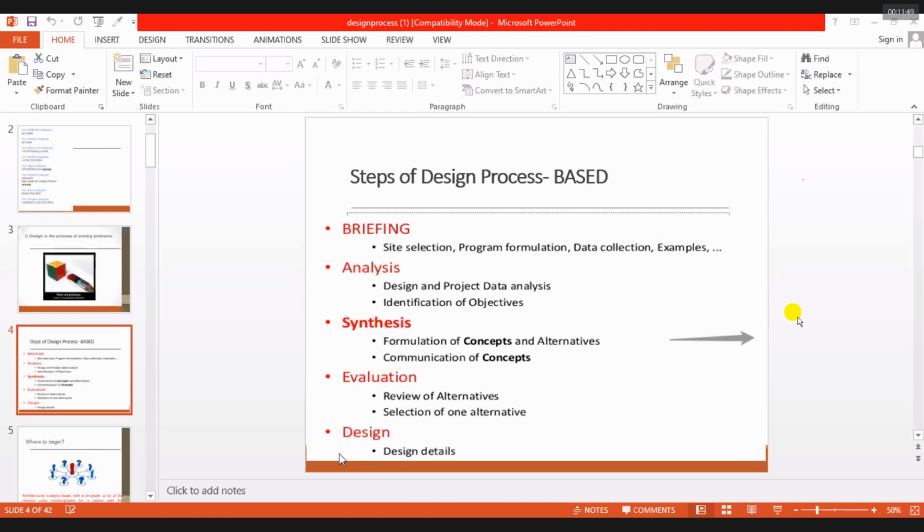And if we talk about the possibility of solving a problem with the help of design theory, for example, modern architecture is one of the design theories that was published in the 19th century, and there are five principles of that theory.